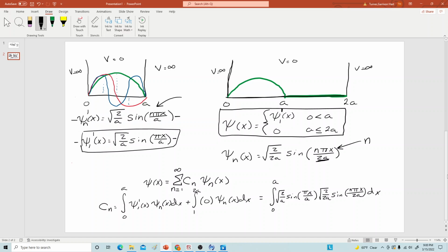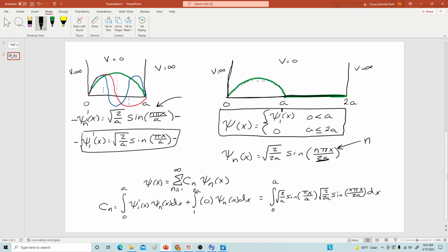So the claim is this. We can write this piecewise function where the state of the particle is now in its original state from 0 to a and is 0 from a to 2a.